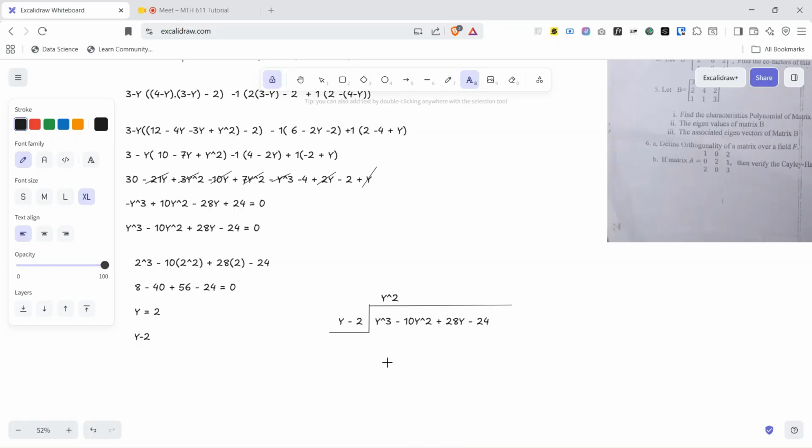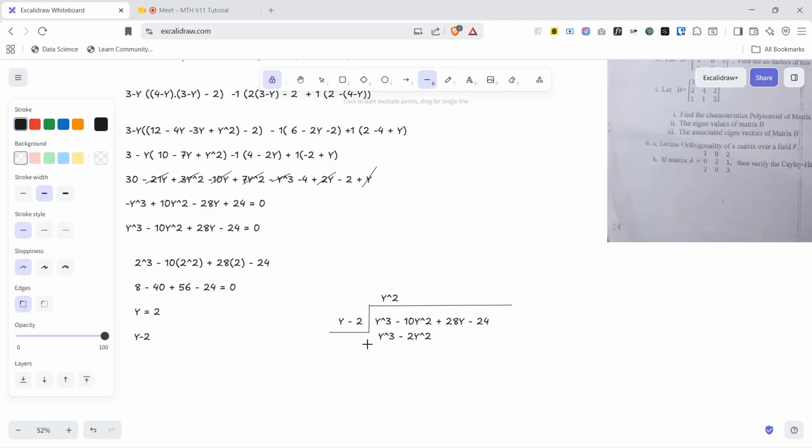When you are doing cubic division, after you've gotten this, you multiply. Lambda times lambda squared would be lambda cubed, minus 2 times lambda squared is 2 lambda squared. Then we subtract this.